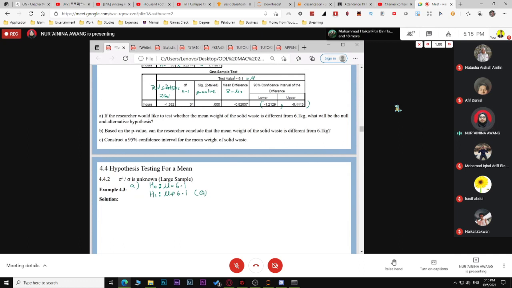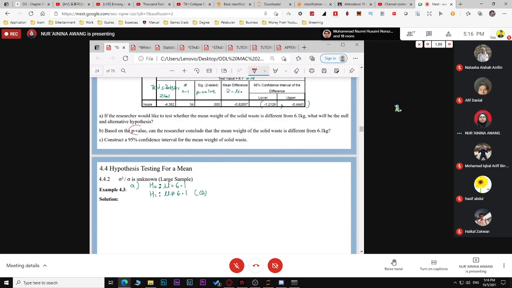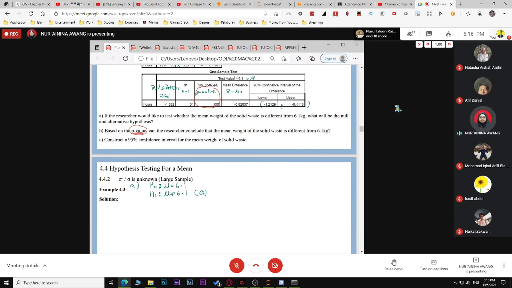And then for B, based on the p-value. The question already mentions which method you will use, so now it says based on the p-value, so we will look at this value. For B, it asks, can the researcher conclude that the mean weight of the solid waste is different?